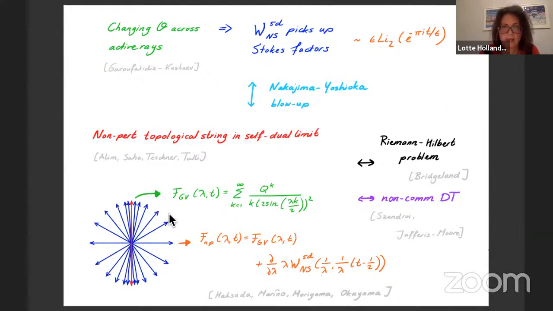And as in the case that we just described, they discovered that at this particular phase, theta is equal to pi over 2, you find the well-known topological string free energy, which is the Gopakumar-Vafa one.